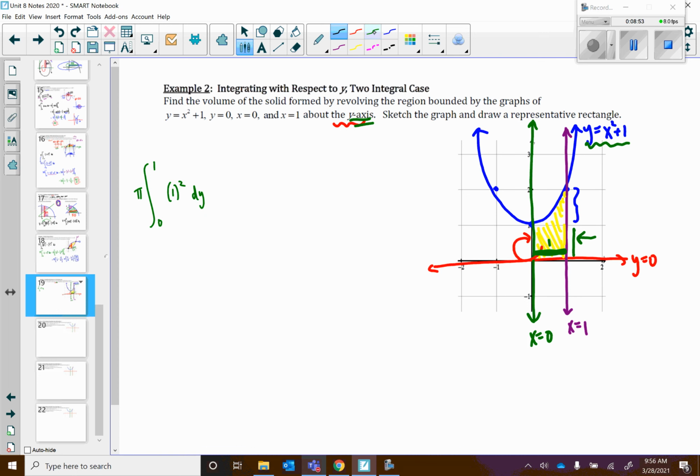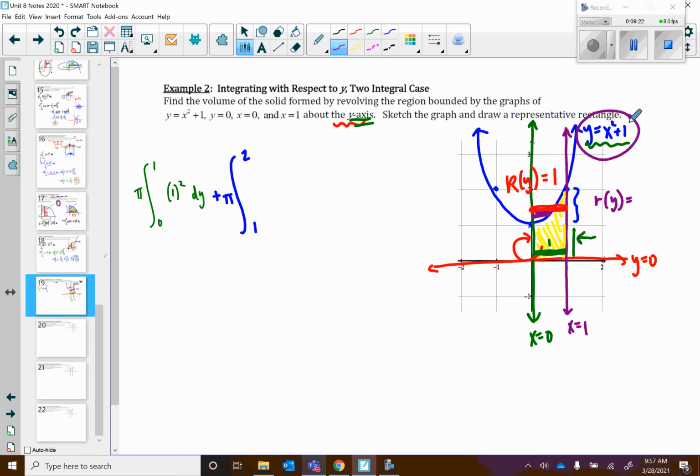So to this, we are going to add an integral from 1 to 2. I know I need that pi out front, but now let's consider what this is going to be. The big radius, let's say capital R of y, is a radius of 1. The little radius, lowercase r of y, is this small distance.